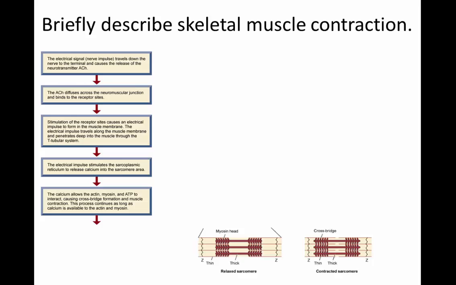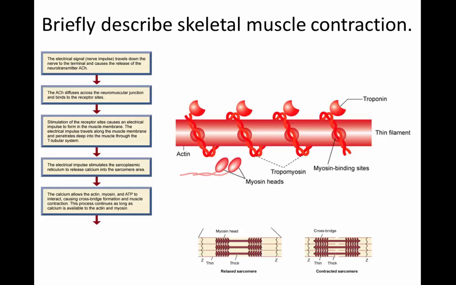If we were to zoom in on one strand of the thin filament, the actin in the middle, and then we looked at the myosin head down here on the left, we can see that on the thin filament there are actually these myosin binding sites where the myosin heads want to attach, but they are covered over via tropomyosin, another protein.